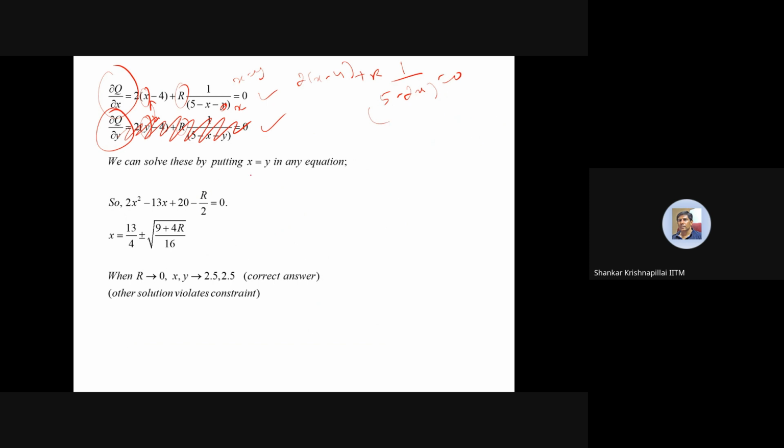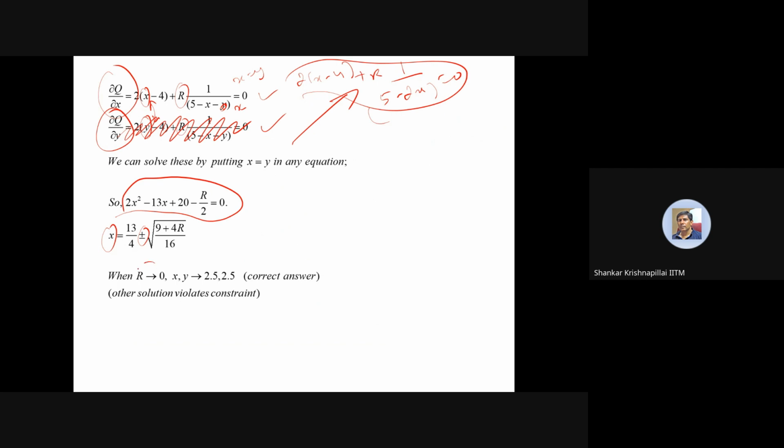If you solve this equation, it becomes a quadratic equation. You will get two values of x, that is 13 by 4 plus or minus the square root of (9 plus 4r) by 16.